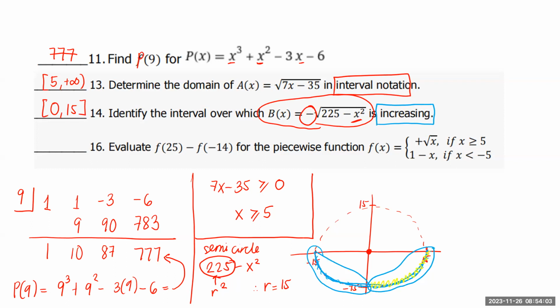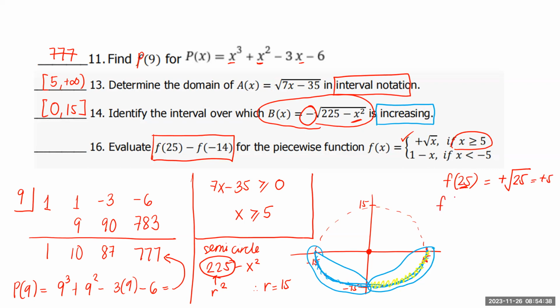And for number 16, we have here a piecewise function, and we evaluate this one. First, we need to find f of 25. Examine which piece we are going to look at: since x equals 25 and 25 is greater than or equal to 5, we use the first piece. Therefore, that is positive square root of 25, which is positive 5.